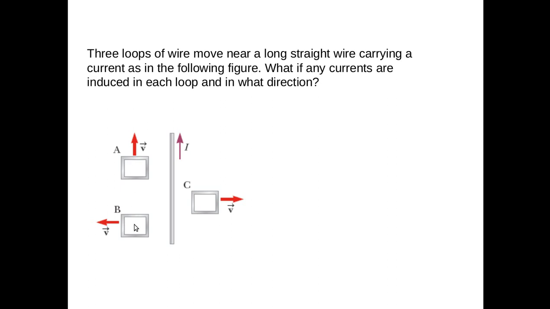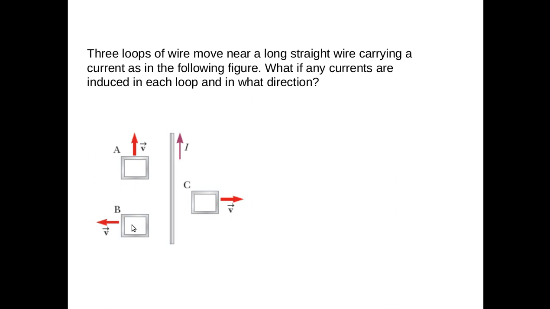Let's do loop B. The field is coming out of the page, right? So my initial field is coming out of the page, so I picture a bunch of dots in here. But loop B is moving farther and farther away from the wire. So what's happening? R is increasing, so the magnetic field strength inside this loop is decreasing.